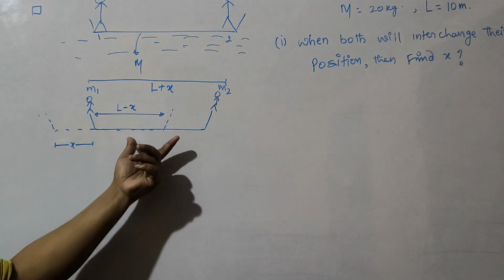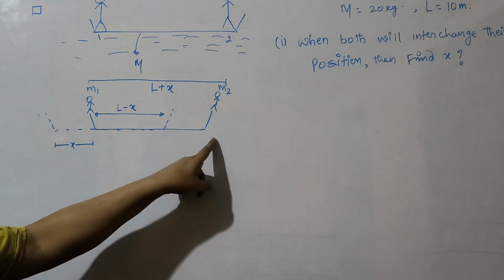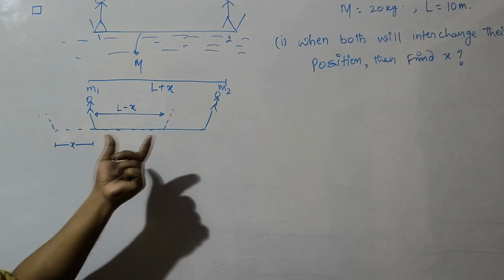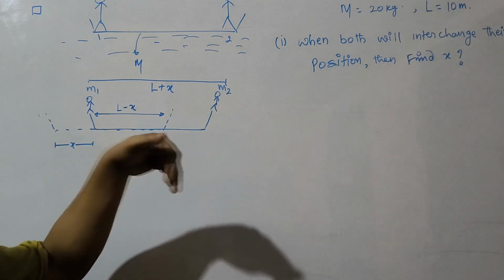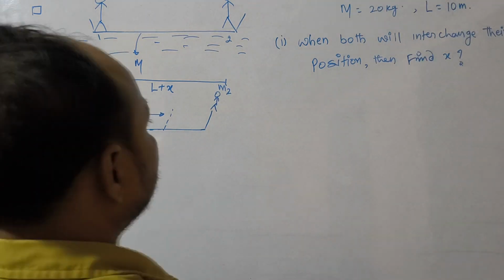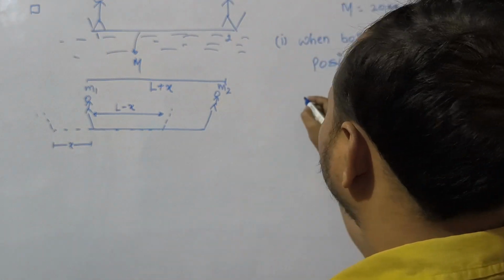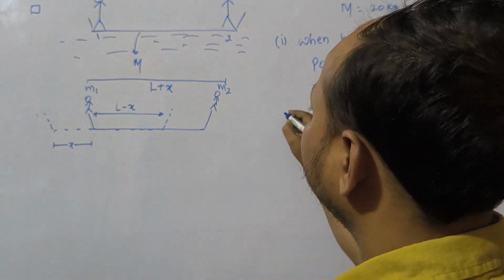So see, the boat is moving backward and this man is moving backward, so backward terms will be on the same side and forward terms on the other side of the equality. So what will we write?